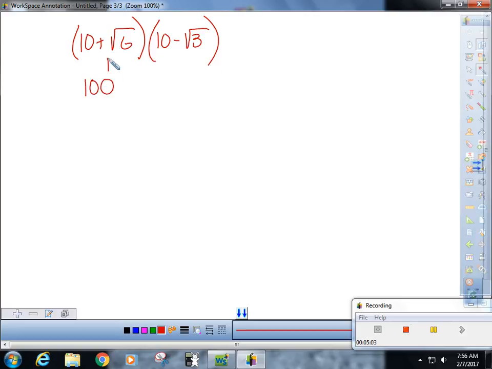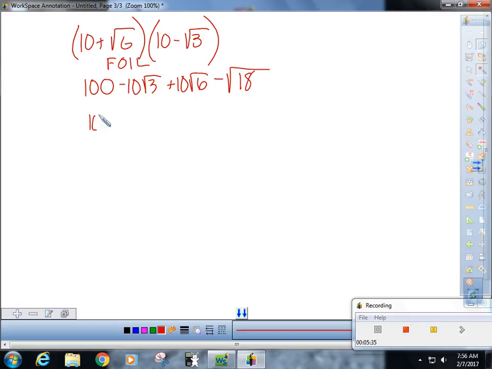This is just a FOIL problem, but it's a hard FOIL problem because we're going to have to multiply radicals. 10 times negative radical 3 is a negative 10 radical 3. 10 times radical 6 is a positive 10 radical 6. And then radical 6 times negative radical 3 is a negative radical 18. So on your test, make sure you write out that FOIL step because that's where you're going to get all your partial credit from.